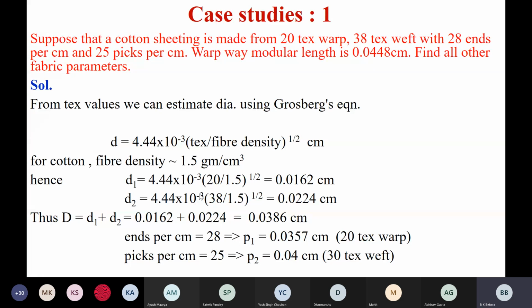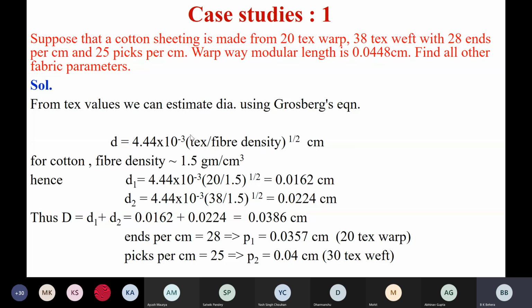So this is how we proceed. This is basically called the Grosberg equation. You will come across this equation in the yarn part, but anyway, remember this. You will be using this equation very frequently in solving numerical problems. Diameter of yarn is 4.44 times 10 to the power minus 3 times square root of tex upon fiber density. So look at what you need to know.